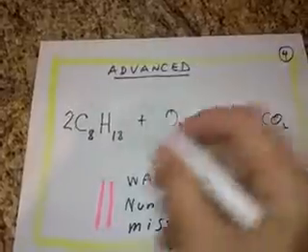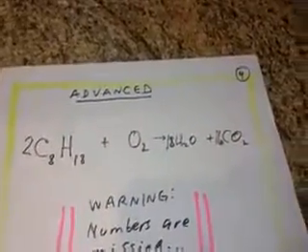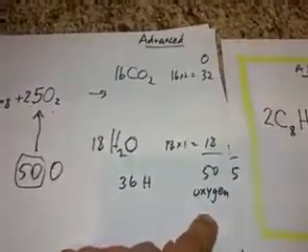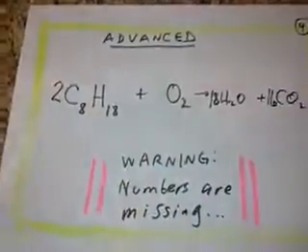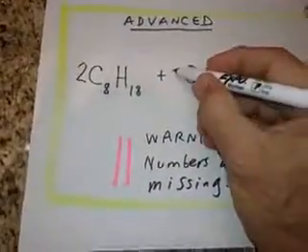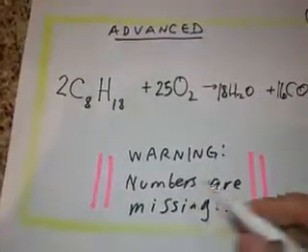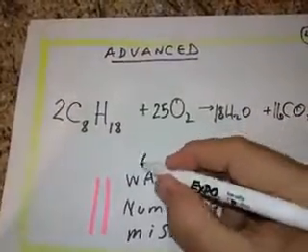When we added them all up, do you remember where we did that? We added them up here. 32 and 18 makes 50. So we need 50 oxygens here. What did we put? That's right. And now those numbers aren't working.